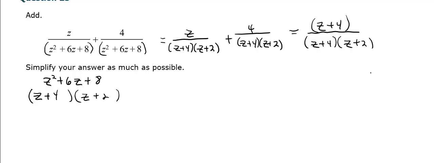And again, I'm going to put those in parentheses. So our last step is going to be to reduce. So they both have factors of z plus 4, so they reduce to 1. And in our numerator, we have 1. And in the denominator, we have z plus 2. So our final answer would be 1 over z plus 2.